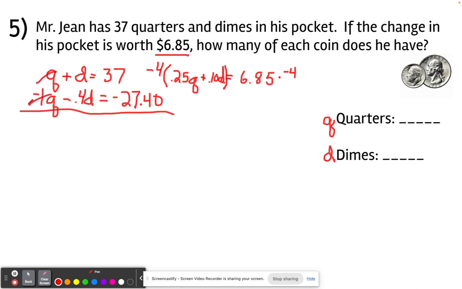A positive q and a negative q cancel out. 1d and a negative 0.4d will give me a 0.6d. And 37 and negative 27.40 will give me 9.60.